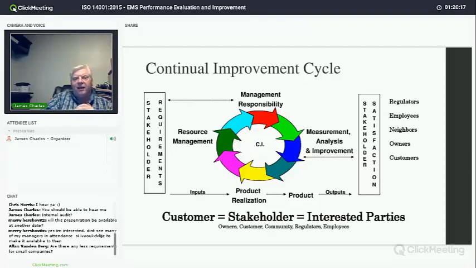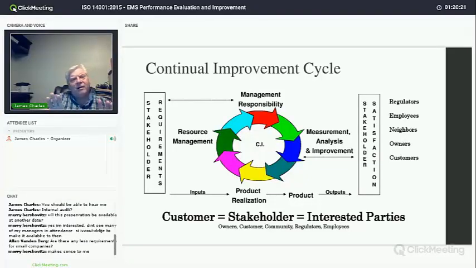And again, I like this picture because it's got a lot of pretty colors, but it shows that our environmental program, very similar to our quality program, but it's different. Because with quality, we start with our stakeholder requirements and stakeholder satisfaction, which is our owners and our customers. With an environmental program, we have a lot more stakeholders that we're trying to satisfy.